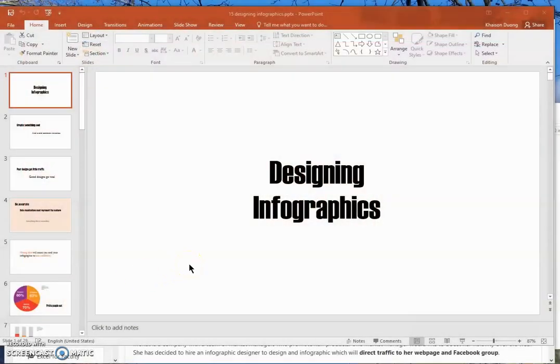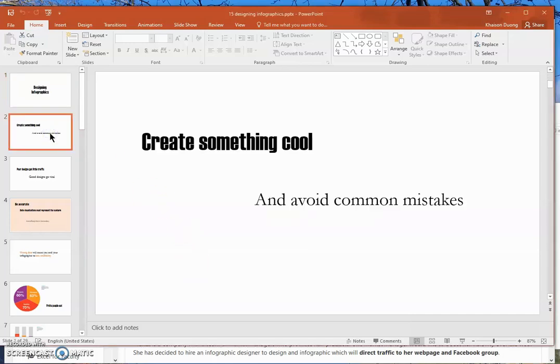Okay, so let's talk about designing infographics. A lot of this will be a bit of a review and just bringing it together, the whole picture. When you're creating an infographic, you want to create something cool while avoiding certain mistakes.